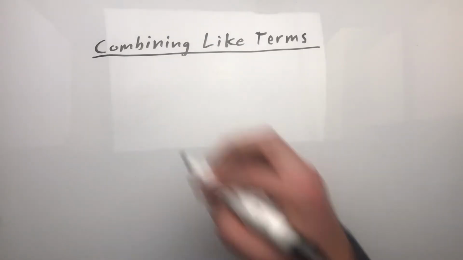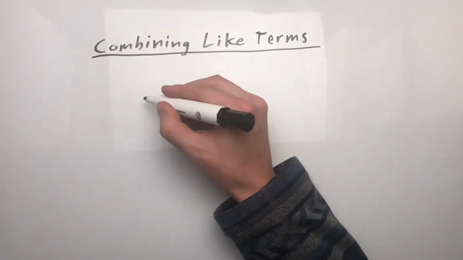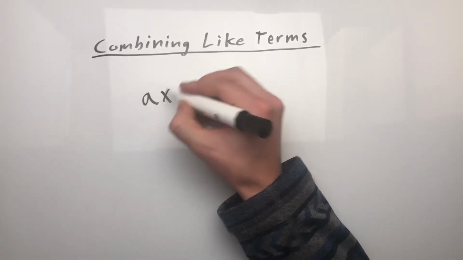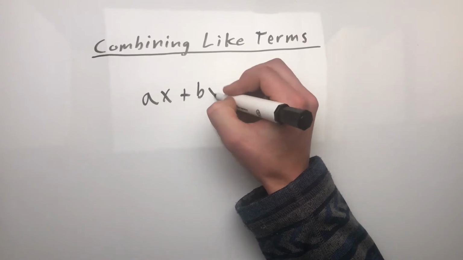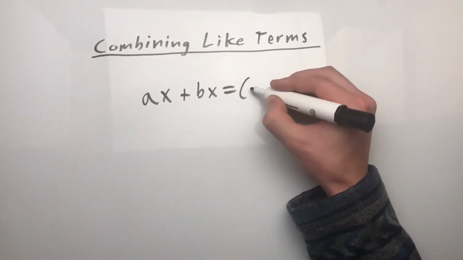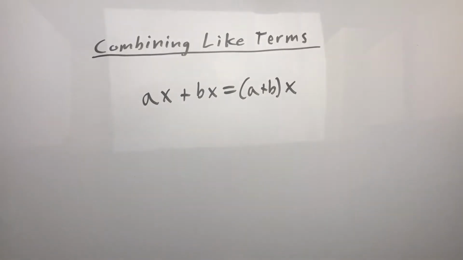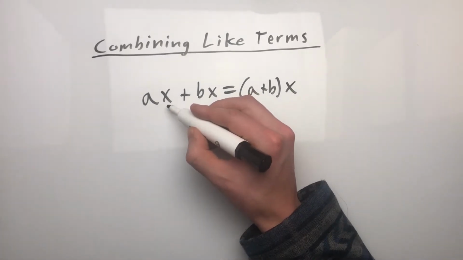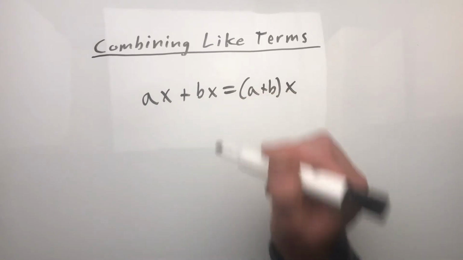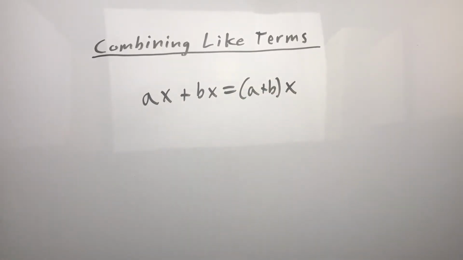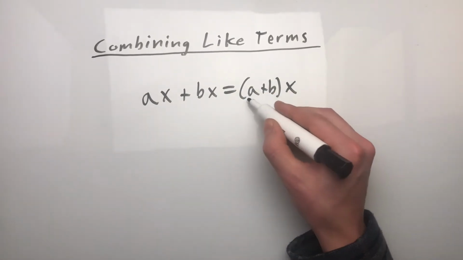We can standardize this rule as ax plus bx equals a plus b times x, where if you have a variable such as x, where they are like terms of each other, you simply add their coefficients together.